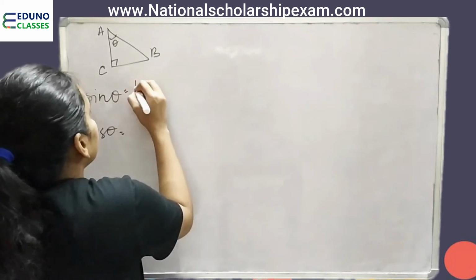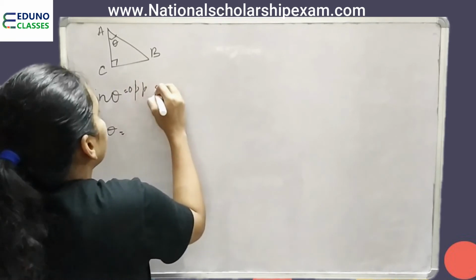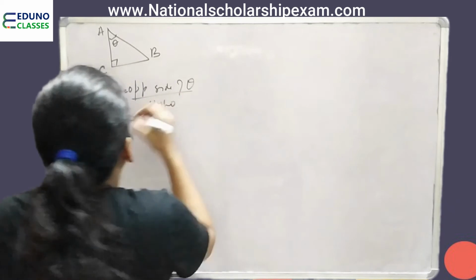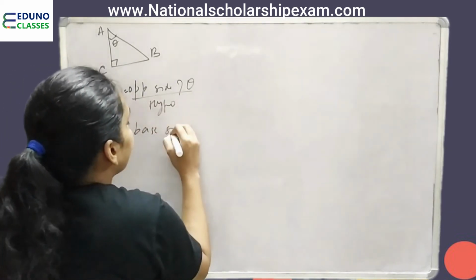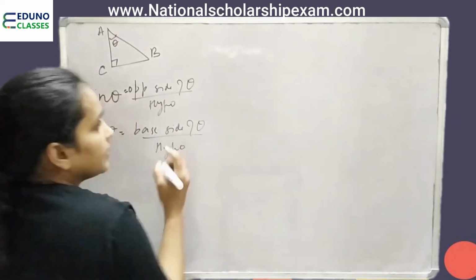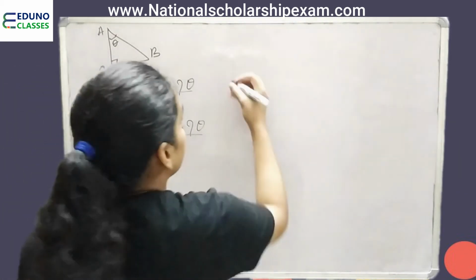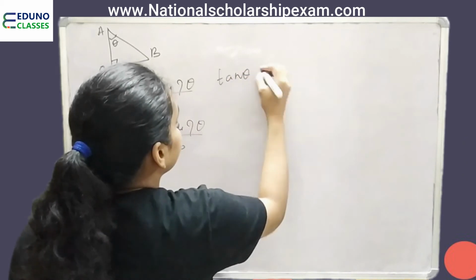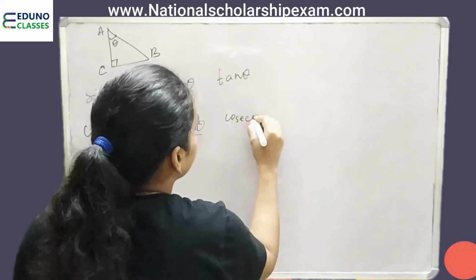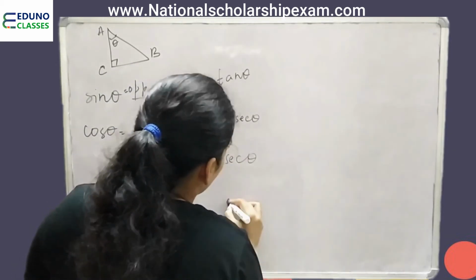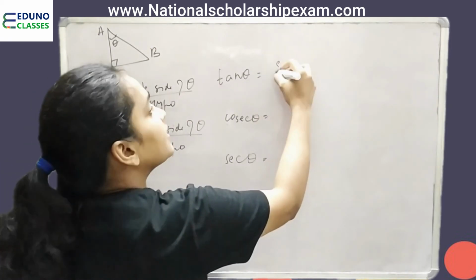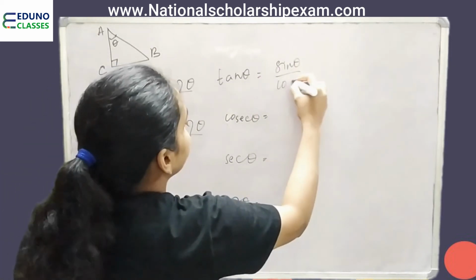So we already have sin theta and cos theta. Sin theta is equal to the opposite side of theta upon hypotenuse. Cos theta is the base side of theta upon hypotenuse. Now the other 4: tan theta, cosec theta, sec theta, cot theta. We know tan theta is equal to sin theta upon cos theta.